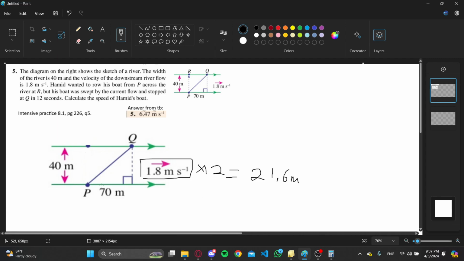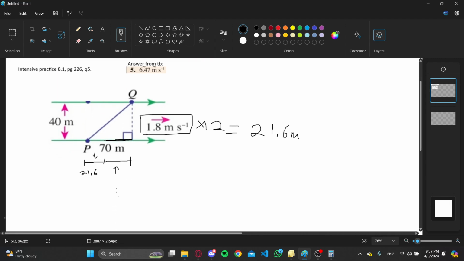Therefore, he himself must have traveled 70 minus 21.6, right? So let's say this one on the left here is 21.6. So this is the one that Hamid's boat traveled himself.